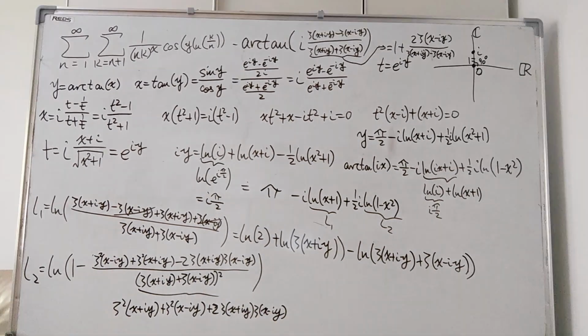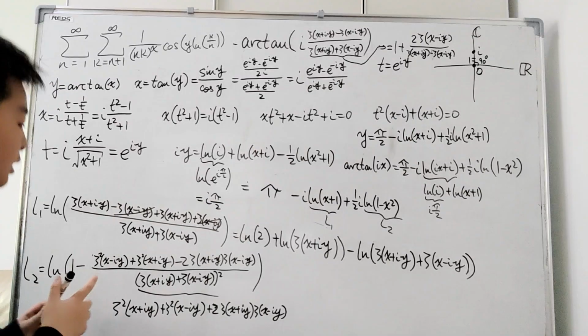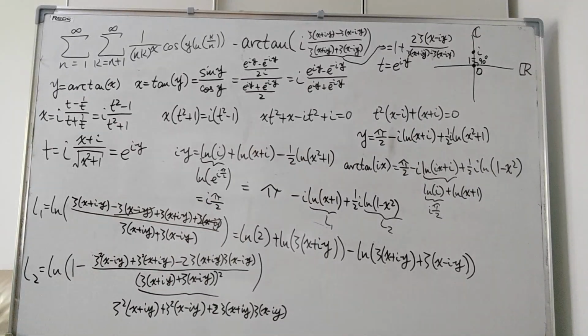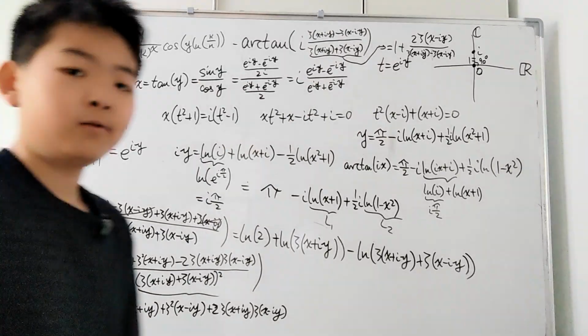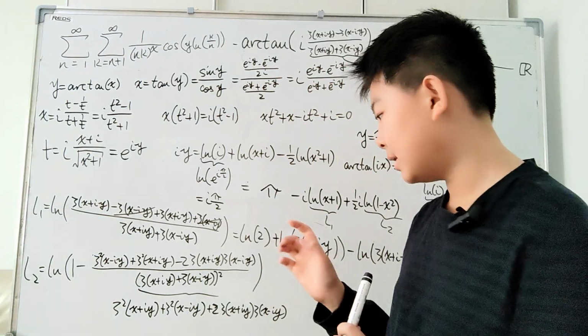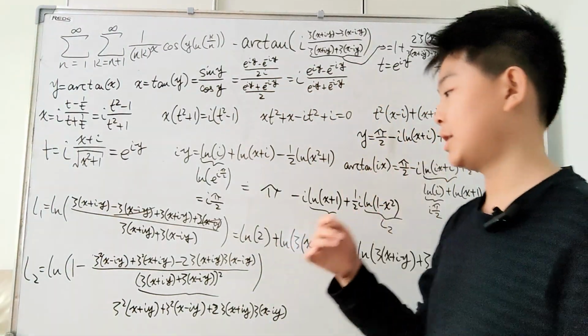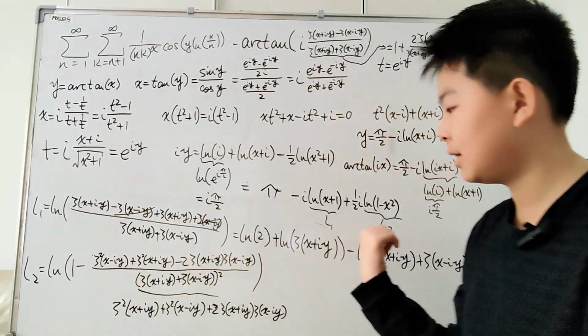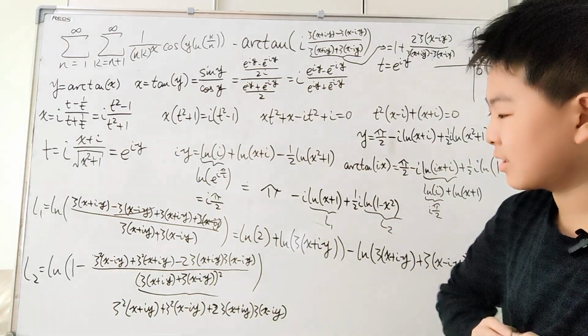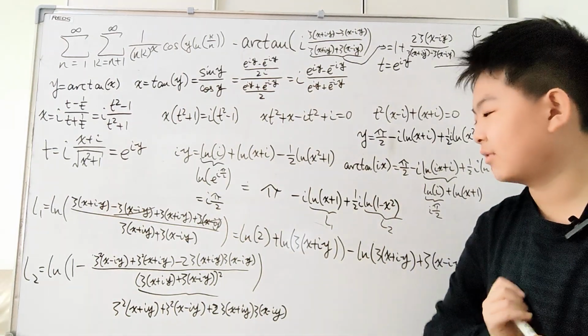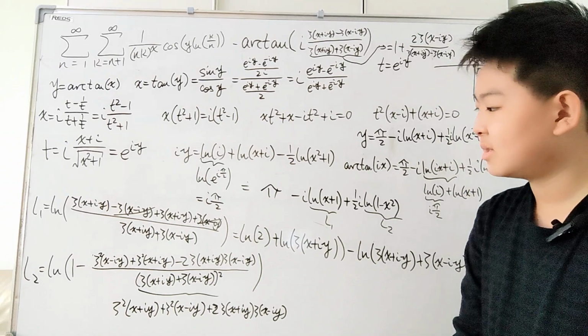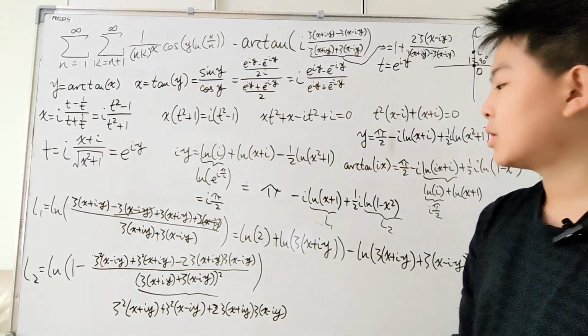Right. So basically, 1 is just this thing over this thing, and you can write it out and subtract. But I'm just going to do it right here because I really don't have the space.